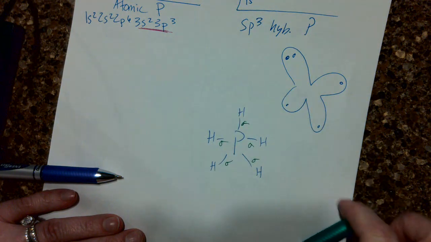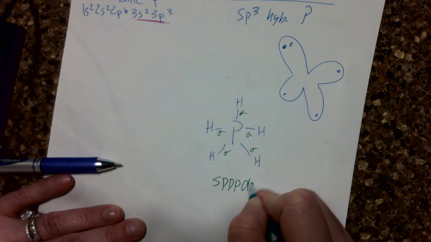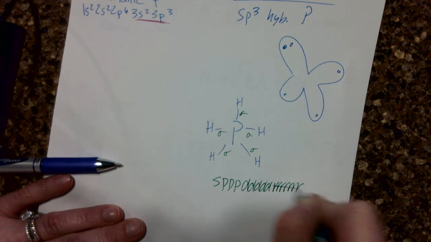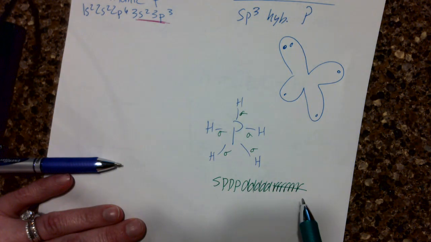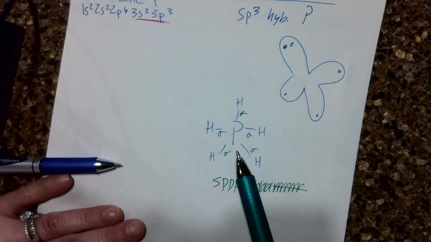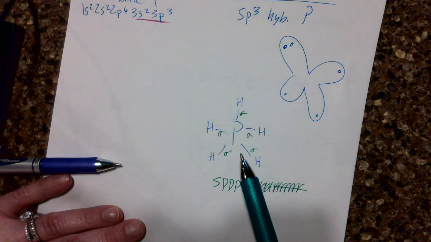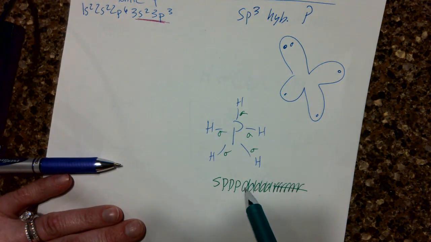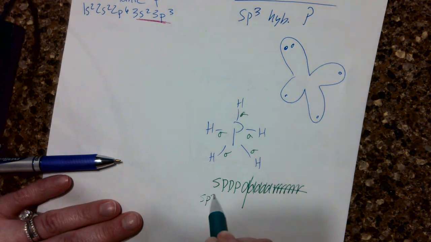That's going to correspond to sp3d, because again, here's that sheet. S, 3 Ps, 5 Ds, 7 Fs. 5 substituents. I need 5 hybrid orbitals, which means I need to take 5 of these original guys. 1, 2, 3, 4, 5. There's that cutoff. What is that? Oh, look, it's sp3d. That's the type of hybridization it's going to have.